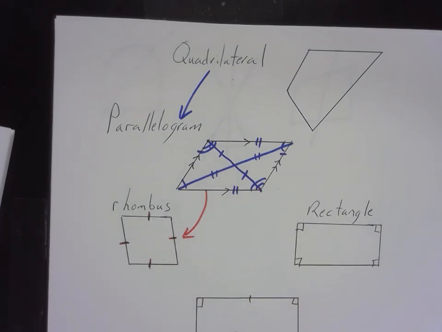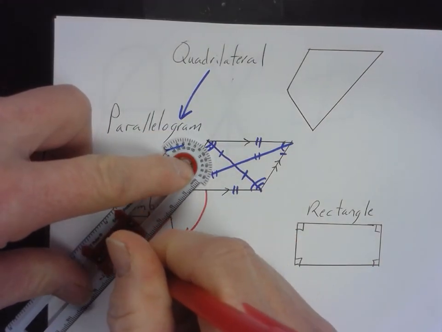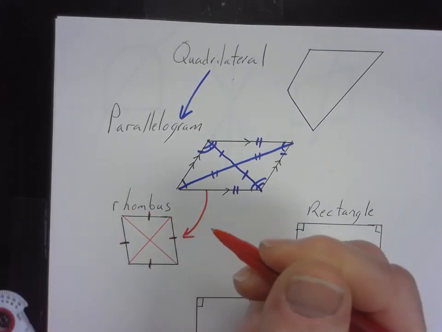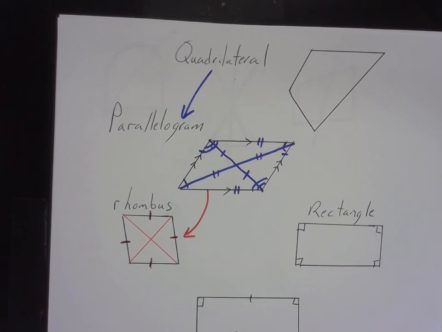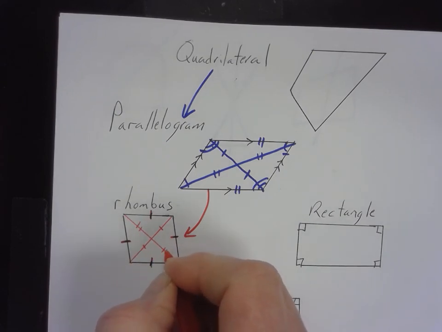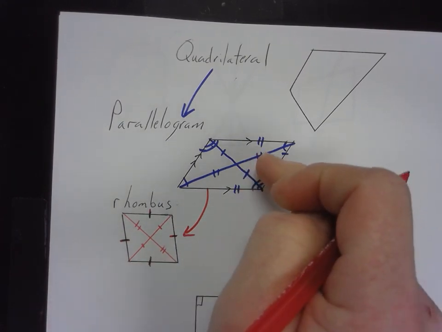But let's look at the diagonals here for a second. First of all, are these diagonals the same length? No, you're going to have a long one and a short one, aren't you? They are going to bisect each other, because it is a parallelogram. But there's something special that happens in a rhombus that doesn't happen if it's just a parallelogram.